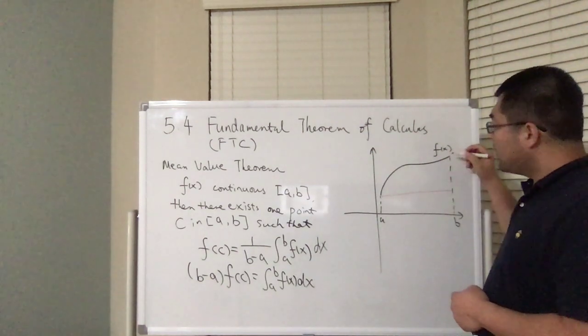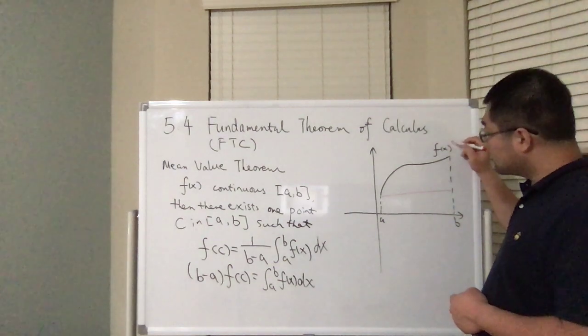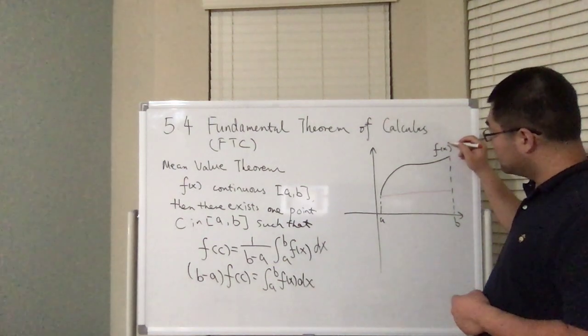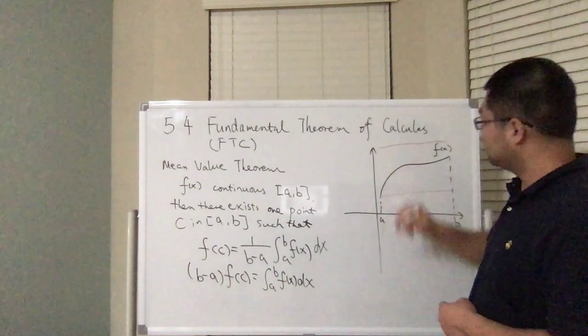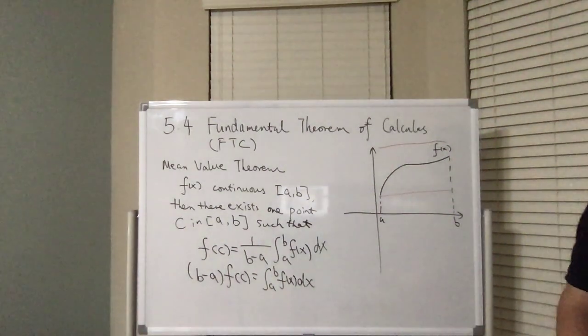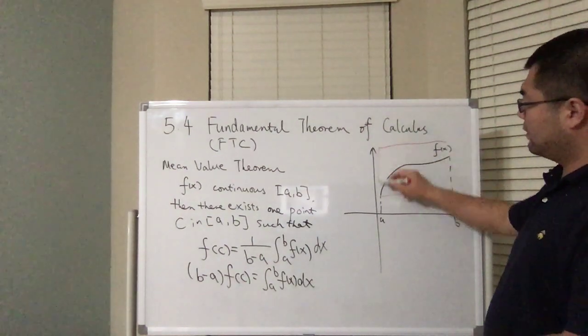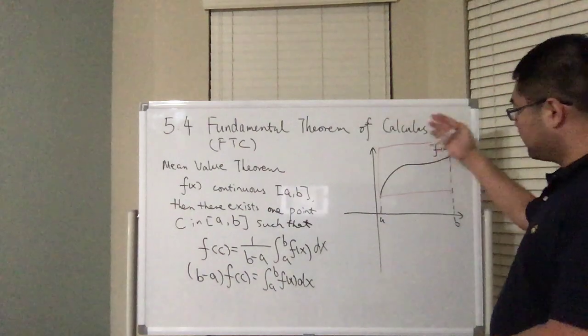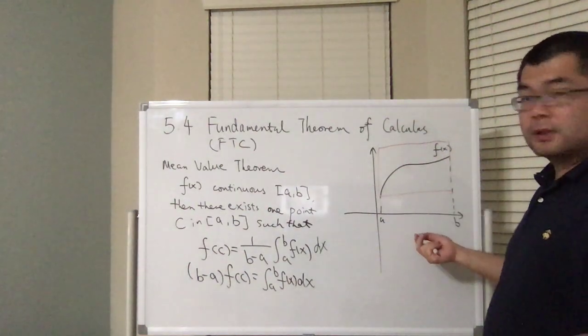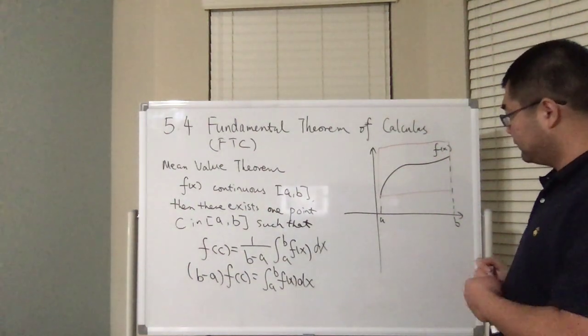Neither can you select any height which is greater than the maximum value of this function, because in that way the area of the rectangle will be greater than the area under the curve.